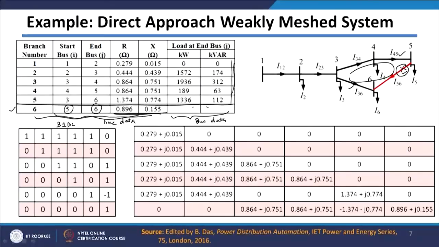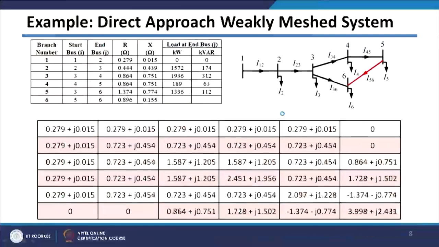If you do that, you will get the BIBC matrix. We have seen already how we got it, and then the BCBV matrix also we have seen. Here I just put the actual impedance values. So, this is your BCBV matrix, and then we have seen we multiply them.